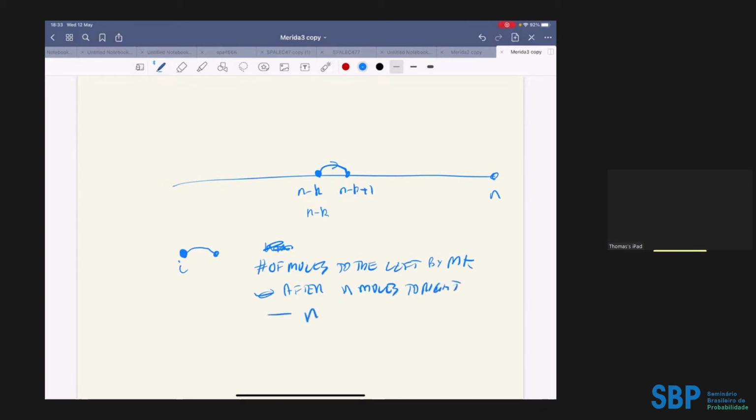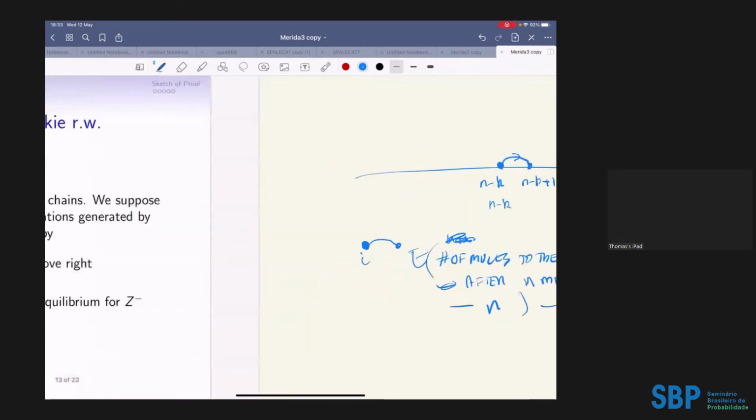This n is the same as this n. Now this is going to converge. You can see it's going to converge. Actually, that's not too difficult. The expectation of this is going to converge to a number I'm going to call Ri plus.